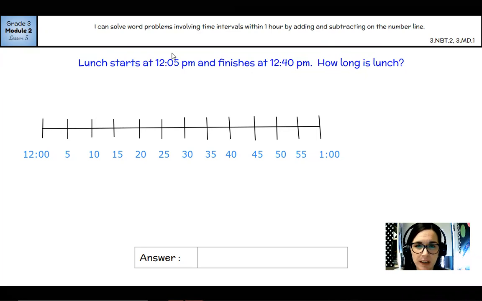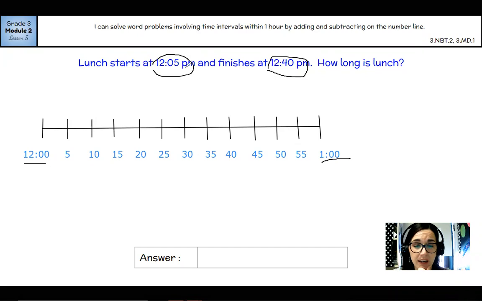Now, I do want to point out, like I said yesterday, some kids were having a hard time deciding what time goes at the beginning and what time goes at the end. All you're asking yourself is, these two times, what hours do they come between? They come between 12 o'clock, right? And what's 1 hour later? 1 o'clock.